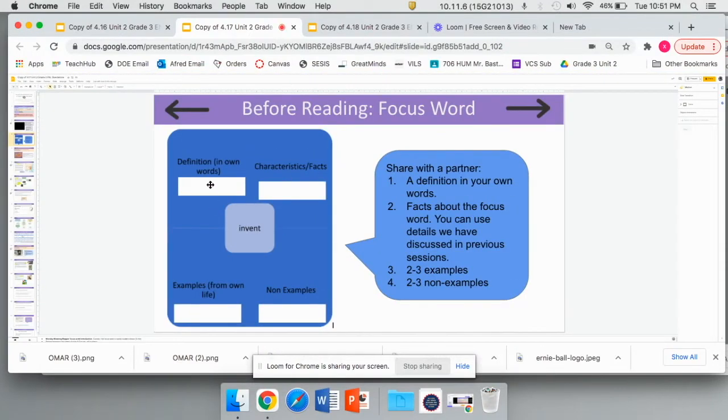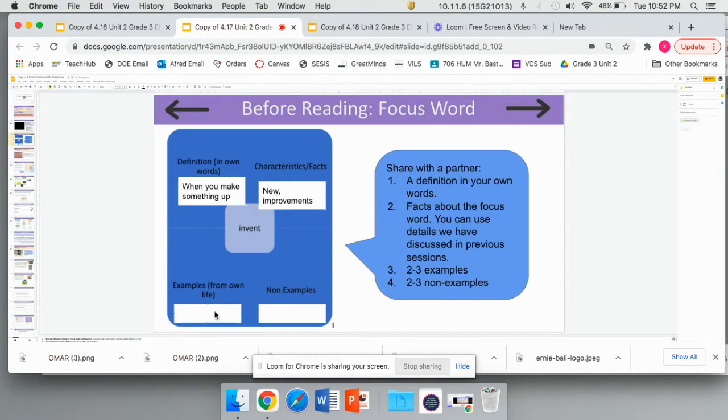So invent, in my own words, invent is when you make something up. Some characteristics of things that you invent is that they have to be new or they have to be improvements on an old idea.